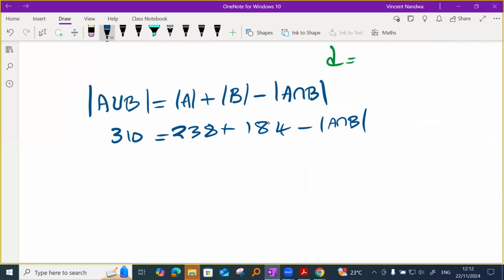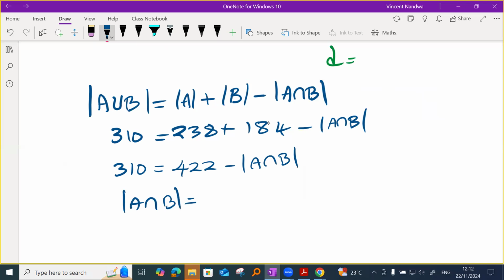So can you work out 238 plus 184? 422. So 422 minus the cardinality of A intersect B equals 310. So the cardinality of A intersect B will be 112.